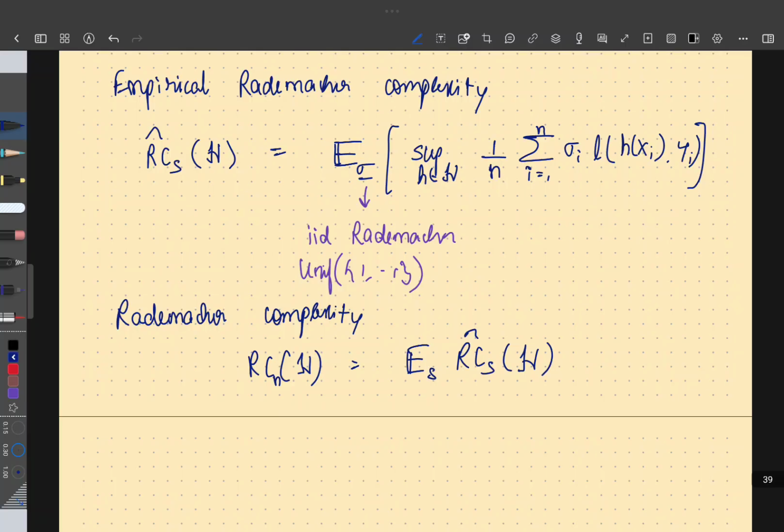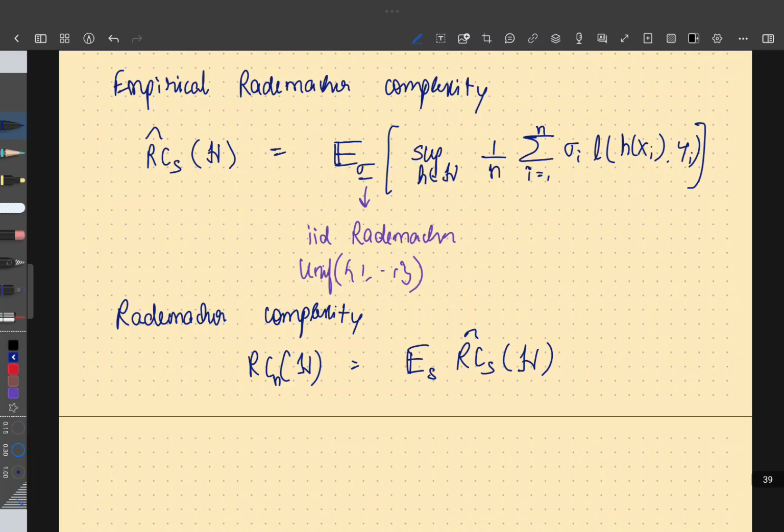If you have a huge number of functions, say the set of all possible functions, then for a given configuration sigma, there would be one choice of H which would be fully correlated with any configuration sigma 1 through sigma n.